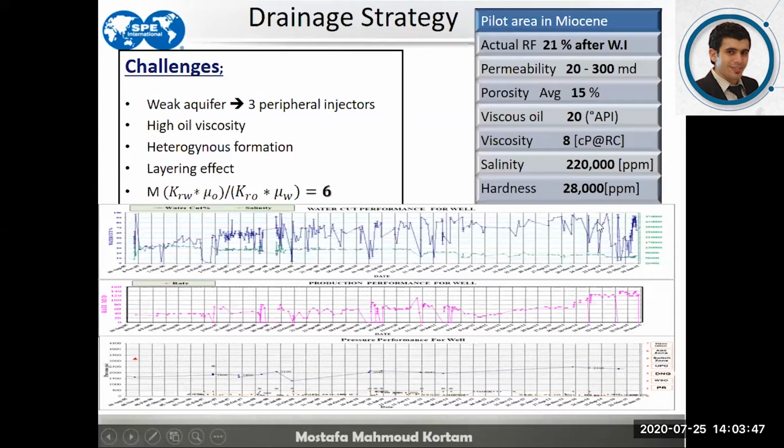That would give the perception that you are dealing with a heterogeneous system and there is some areal inefficiency.